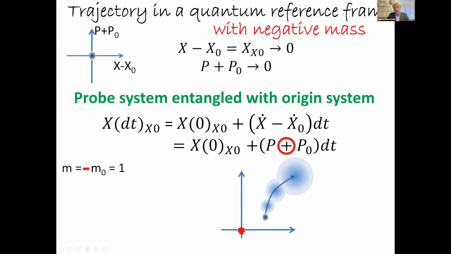I can keep measuring, and if my measurement is good enough, then I will always know the difference between the positions and the sum of the two momenta, which means that I will know the trajectory of my system with respect to the reference frame. So that's the simple, maybe even simplistic argument, but this is the backbone of the rest of the story.